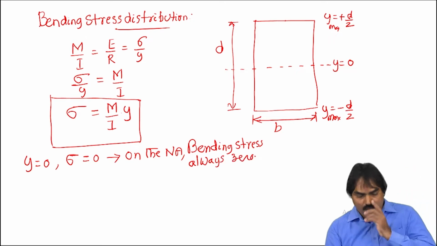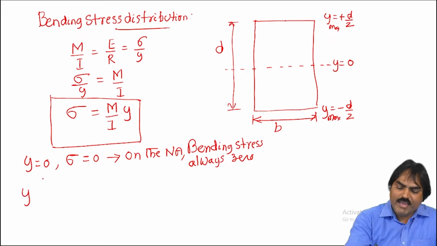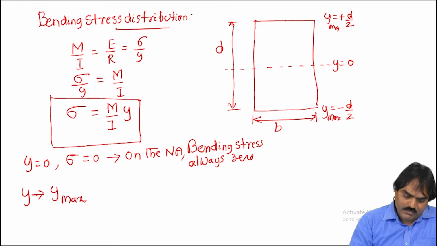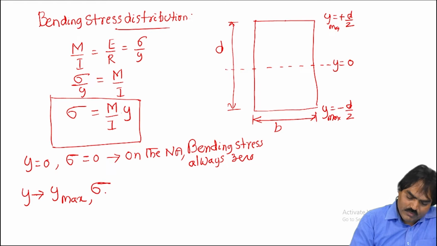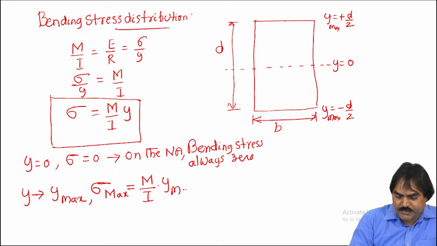Now, when y tends to y max, the bending stress becomes maximum. That is, sigma max is equal to M by I into y max.